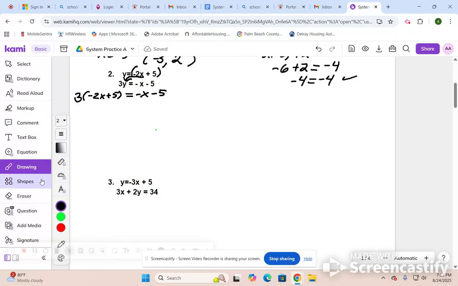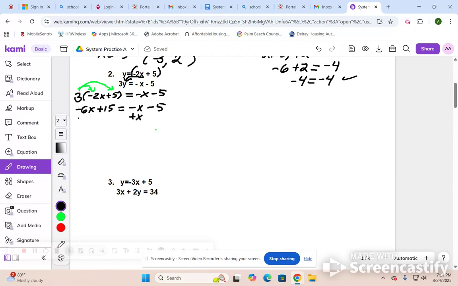All right, now we're going to distribute here and here. So we'll have -6x plus 15 equals -x minus 5. Let's get all of the x's on the same side.